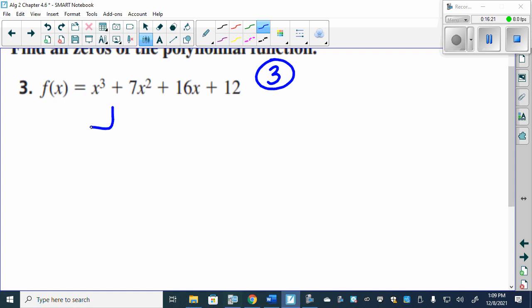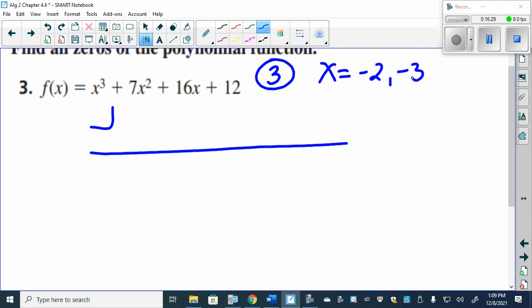We can come back over here and use the synthetic division. -2 and -3. Jalen, which one do you want to use first? -2 or -3? -2. So we'll put it in the cubby hole. Going across the top, we would have 1 for x cubed, 7 for x squared, 16 for x, and 12.